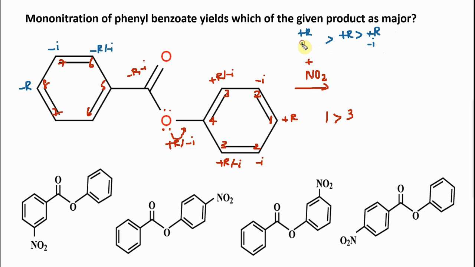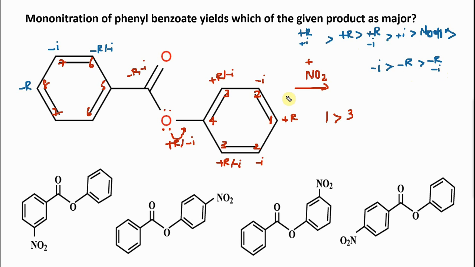Best is plus R plus I, both give electrons. One gives electrons and one takes back in reverse. Then I can have plus I alone, then no effect, which is still better than minus I, which is better than minus R, which is better than minus R minus I. As you keep going down, the electron donation reduces and they start taking electrons.